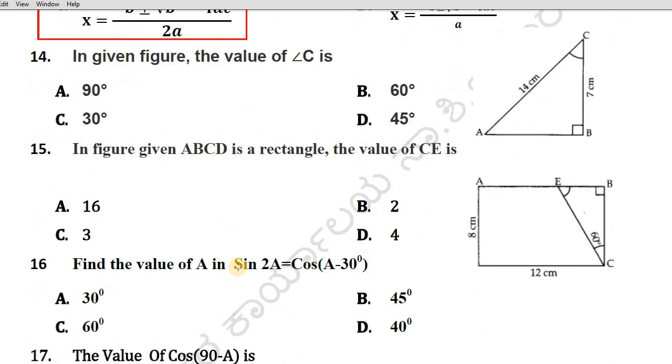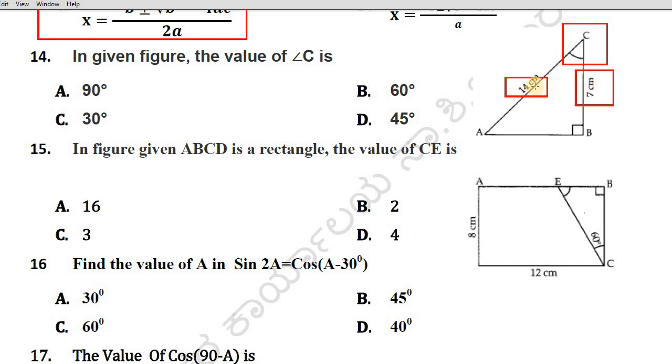Question number 14. In the given figure, the value of angle C. So it is a given figure, children. We want to find the value of angle C. How do you find it? See what values they have given. They have given 14, children, and also 7. If C is the reference angle, 7 will be the base, isn't it?